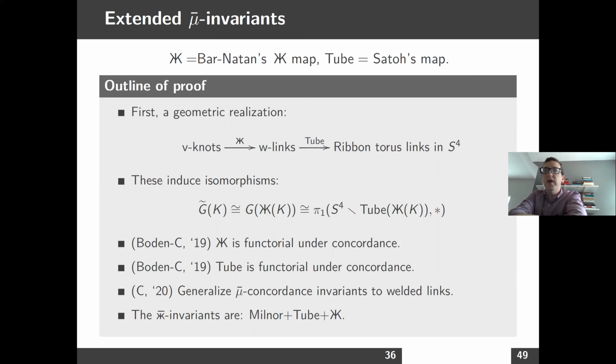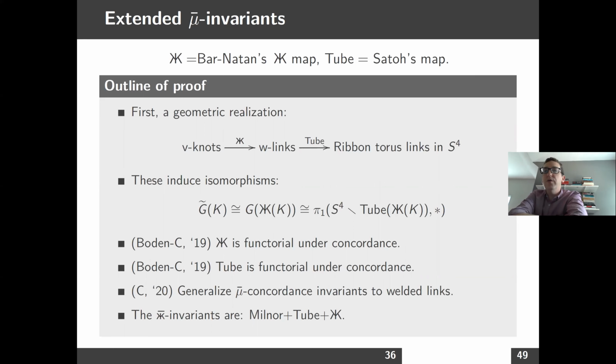So the extended group of K is isomorphic to the usual knot group of the two-component link J of K. And that is in turn isomorphic to the fundamental group of the complement of the ribbon torus link tube of J of K. Now, this J map turns out to be functorial under concordance. And also the tube map is functorial under concordance.